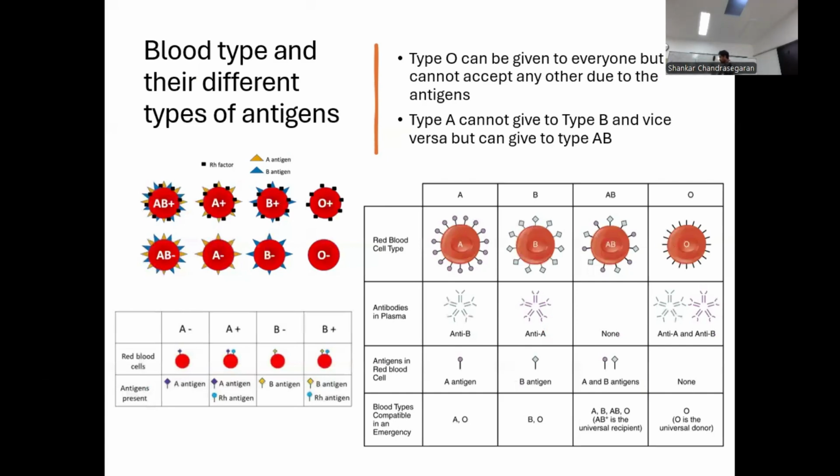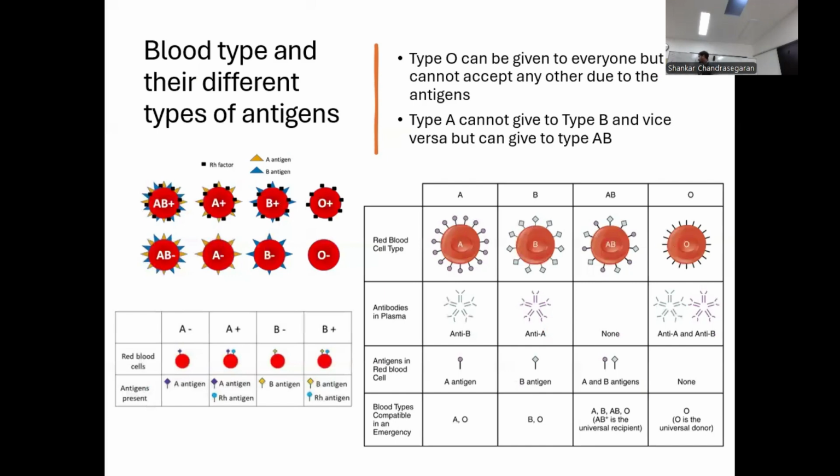These two statements are very important to remember. Blood group O is a universal donor. That means they can donate to anyone they want, but they can only receive from one blood group, which is O themselves.